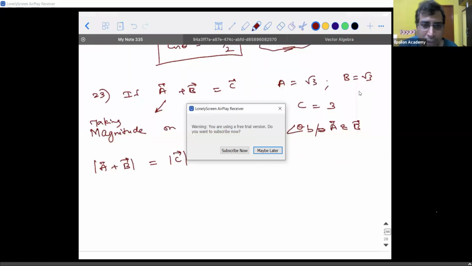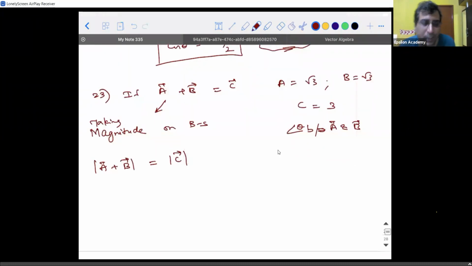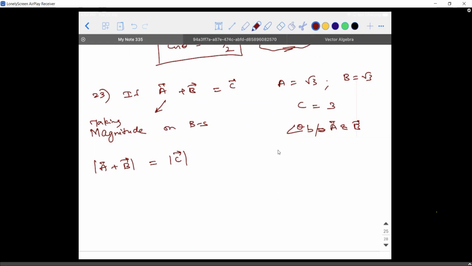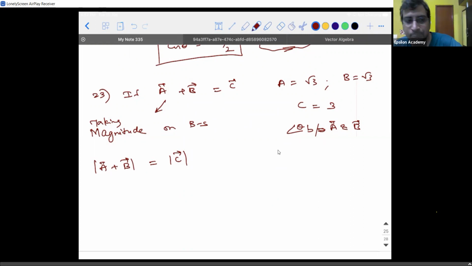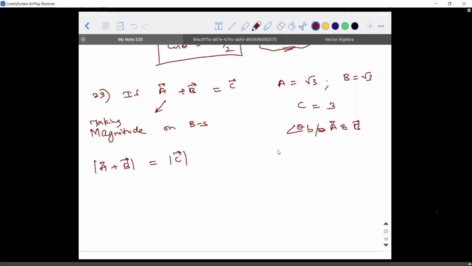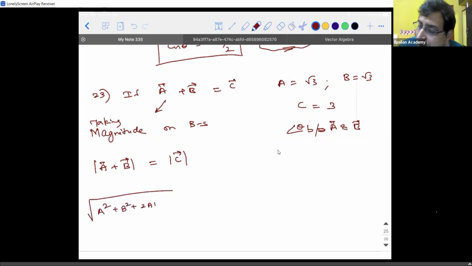Now comes the other point. In the last problem, I told you wherever you see magnitude of A vector plus B vector, what are we supposed to replace it with? The formula. So root over A square plus B square plus 2AB cos theta is equal to magnitude of C vector, which is C only. As simple as that.